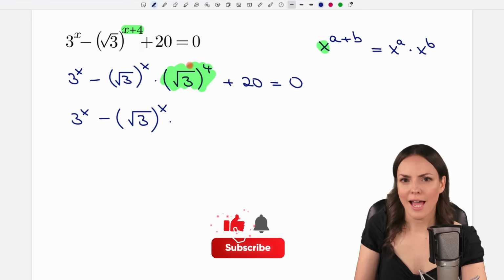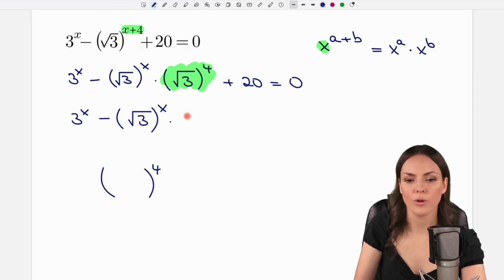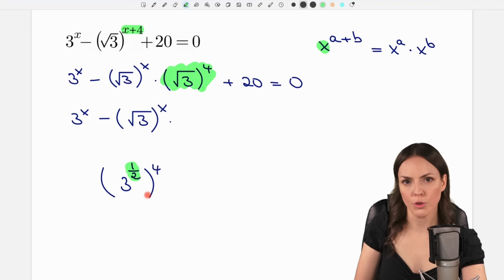There are several ways how to calculate this now, but one way is to write the square root as a power. So we have all of this raised to the power of 4, and instead of the square root of 3, I only take the 3, and the square root can always be written as raised to the power of 1 over 2. So instead of a square root, you can always just raise this thing to the power of 1 over 2.